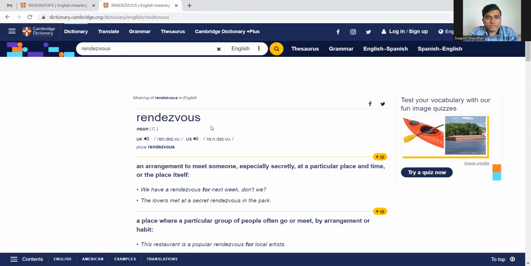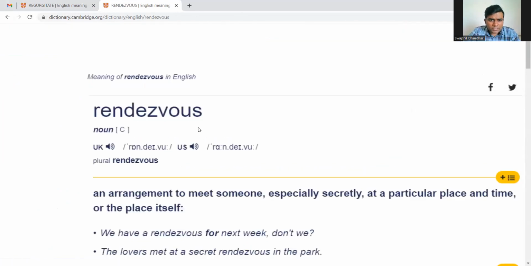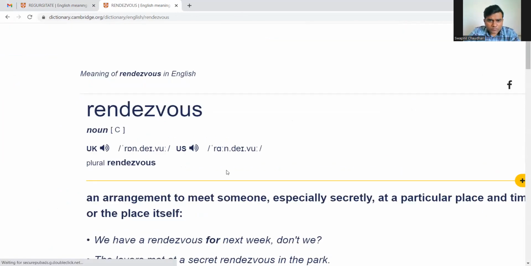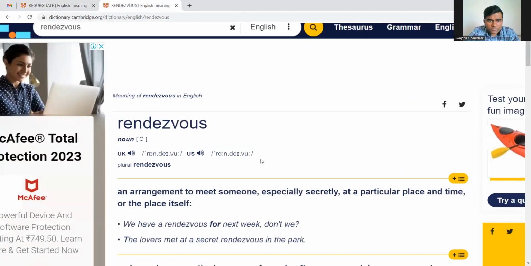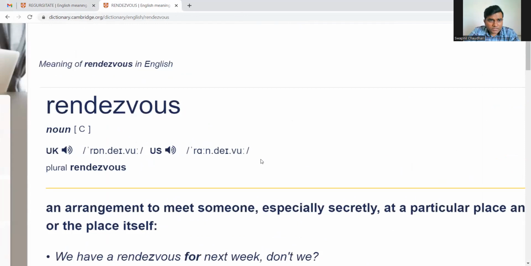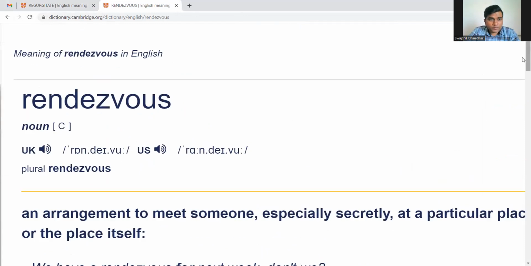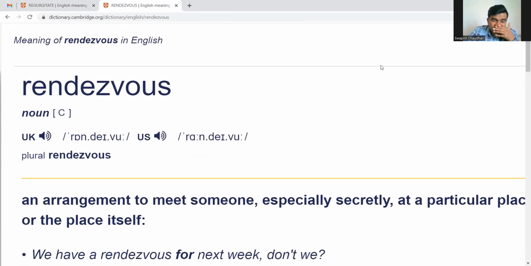Hey, people, so you can see this word. Again, quite an uncommon word in English, right? And you can see even finding the pronunciation of this word is going to be difficult. If I just come across this word in a reading passage, how am I exactly supposed to pronounce it?